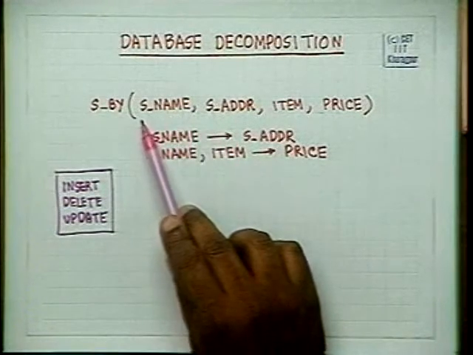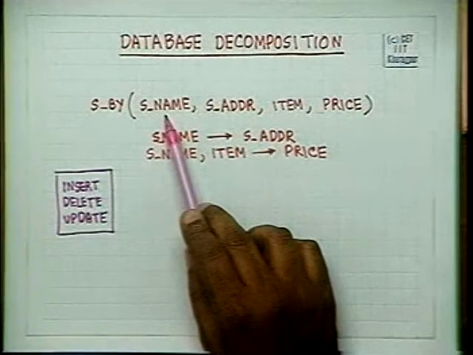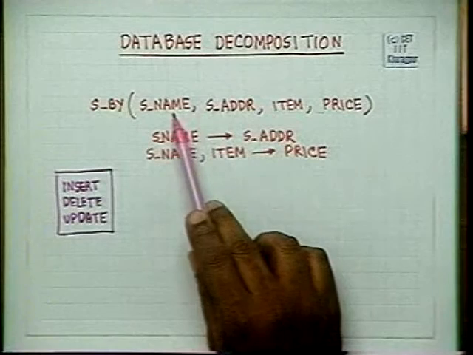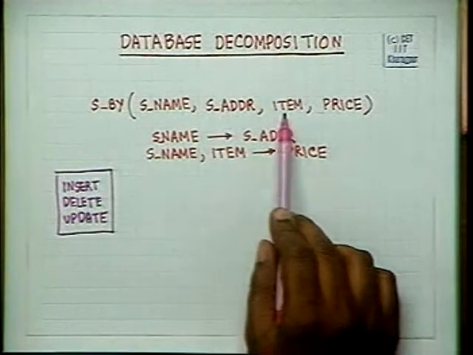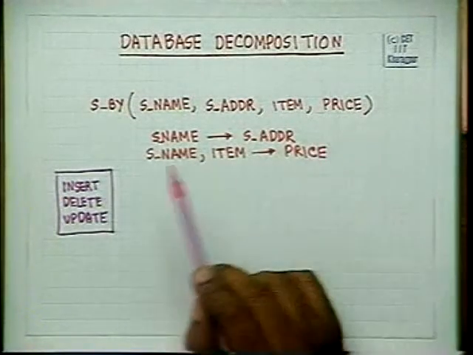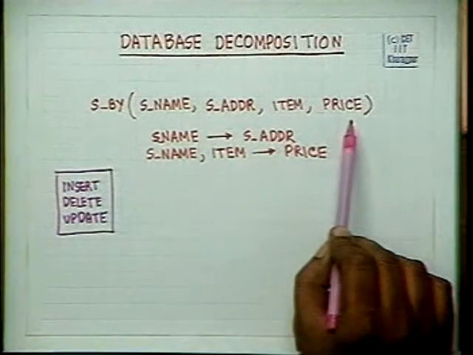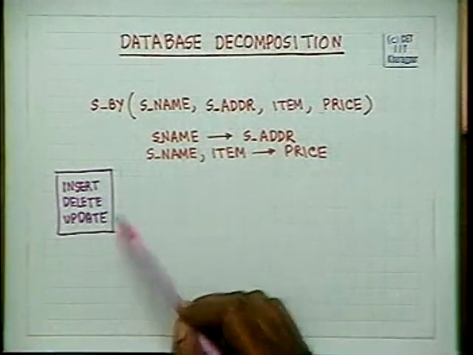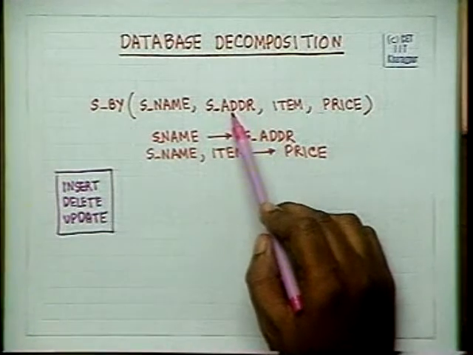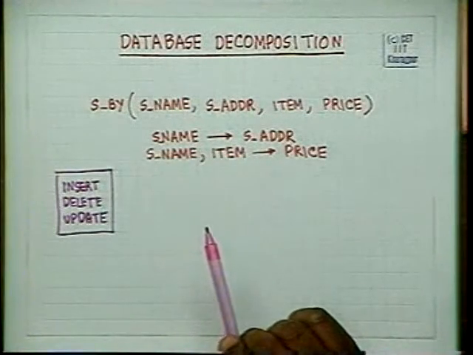Secondly, if you start deleting all the items of a particular supplier, then either you will lose the name and the address, or if you want to keep the name and the address, you have to introduce null fields. If you do introduce null fields, then when you insert the first non-null item, maybe you will have to delete this null field. And when you update a particular address, you have to ensure that you update it in all the proper places, otherwise this functional dependency will get violated.